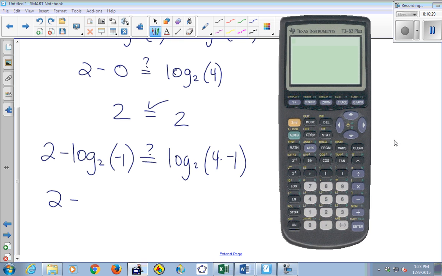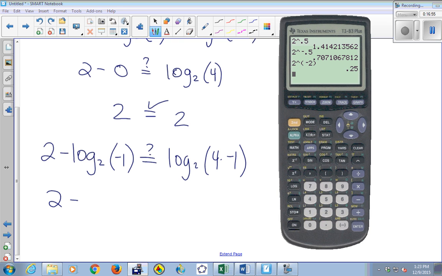Let's see. If I raise 2 to the negative 1/2, nope, that's not negative 1 either. Negative 2, 2 to the negative 2, a quarter. There isn't any.